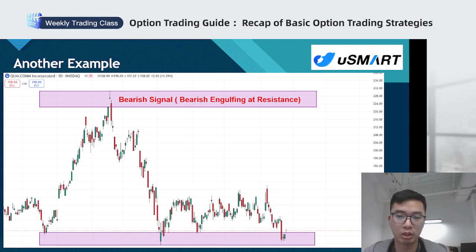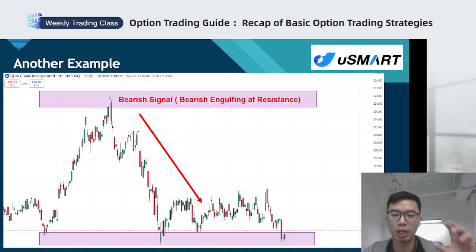So this is the area I will consider. Then the targets will be the next supports.